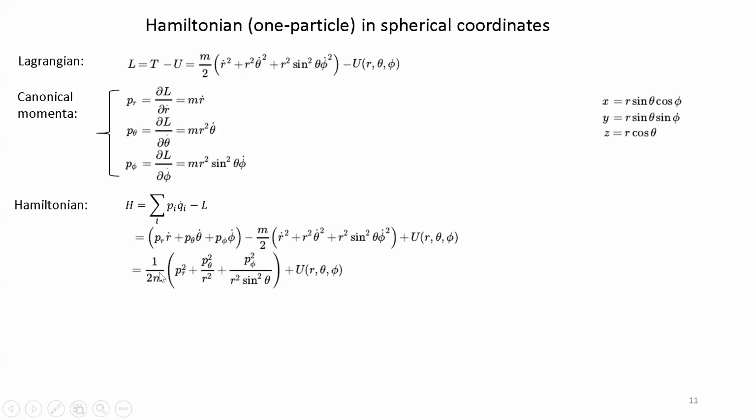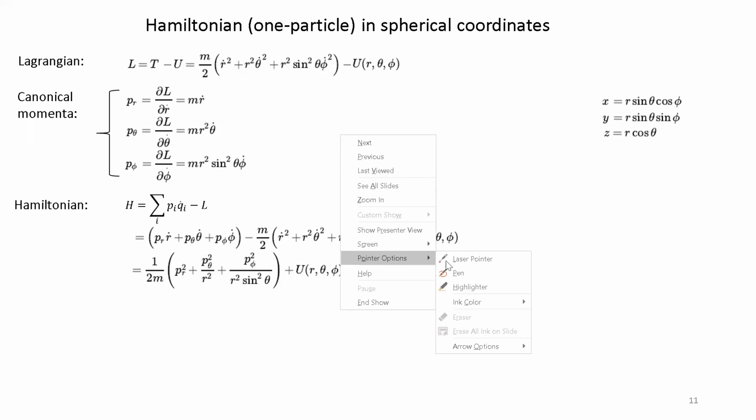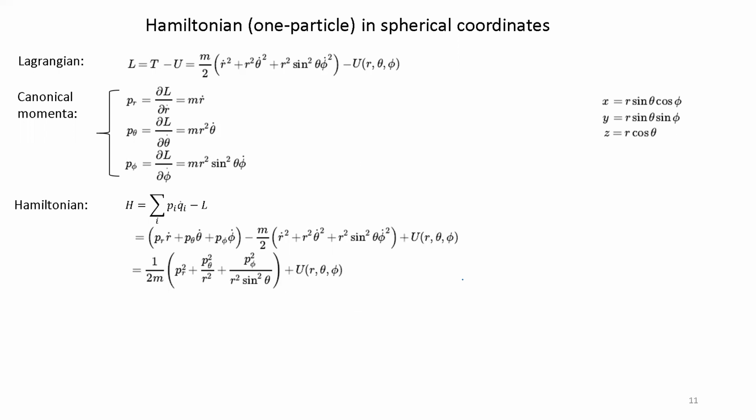So then this is what we have. Okay. So again, it's okay for you to start from just this step. If you remember, okay, so this expression is the kinetic energy. Okay.